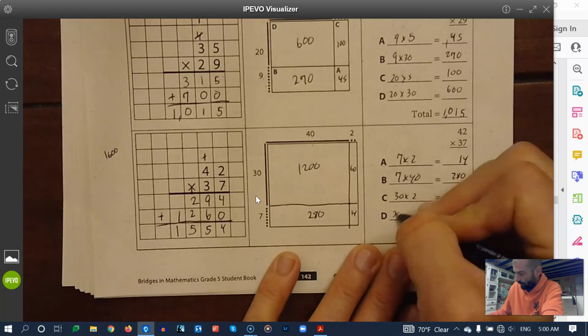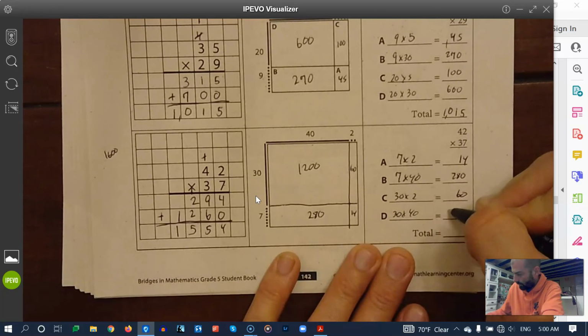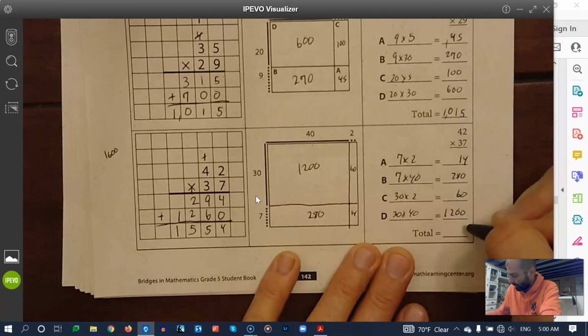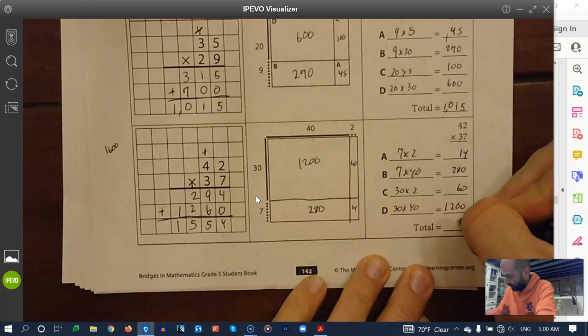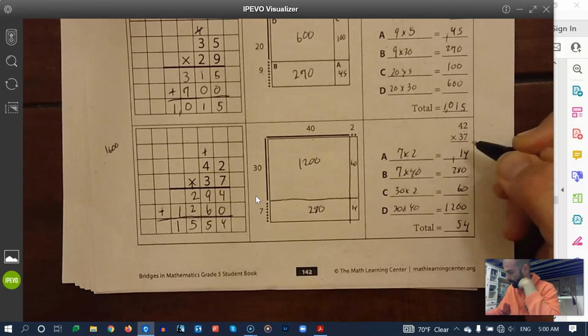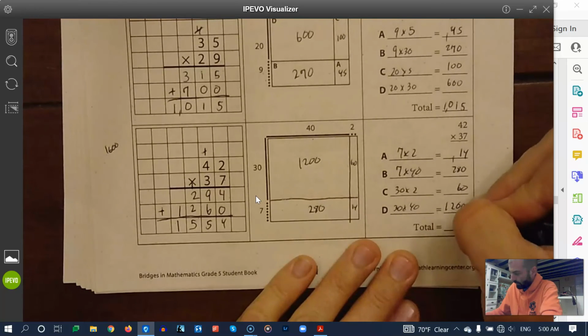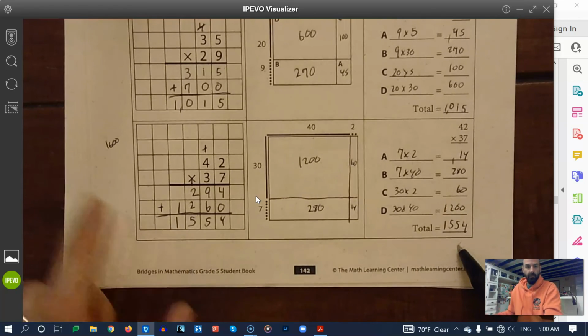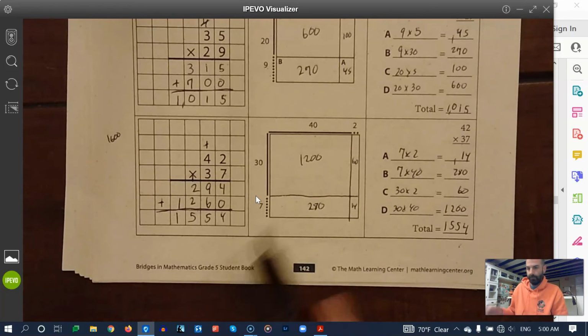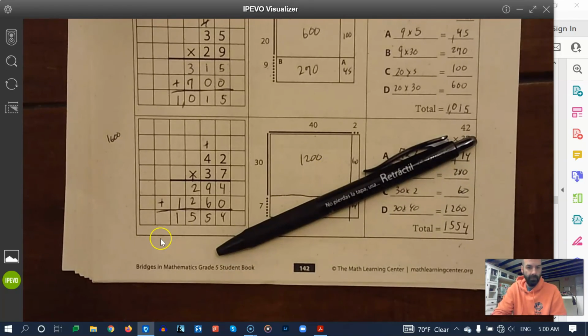And then D, 30 times 40 is 1,200. 4 plus 0 is 4. 1 plus 8 is 9. Plus 6 is 15. 1 plus 2 is 3. Plus 2 is 5. 1,554 is what I got over here, close to my estimate, so I feel pretty good.